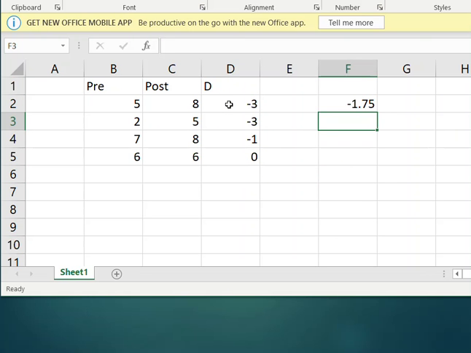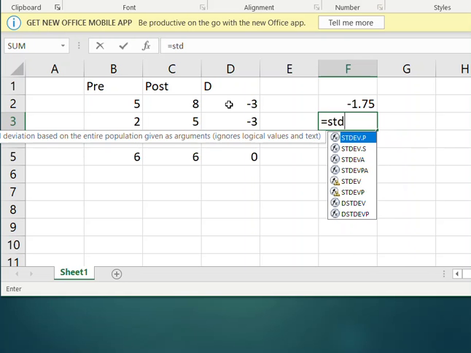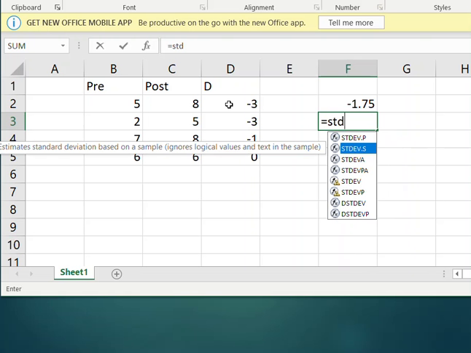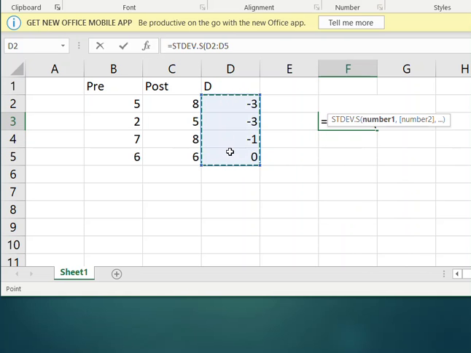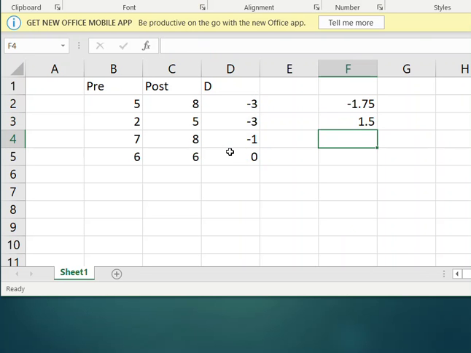So we end up with an average of -1.75. We can calculate a standard deviation for the sample, which is 1.5. And then what we normally assume the difference is going to be is 0.